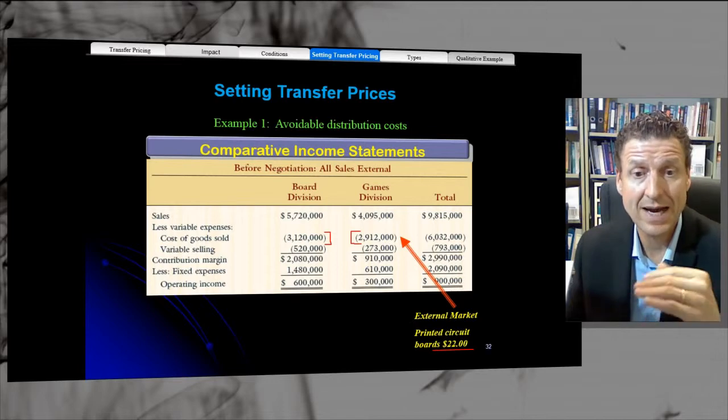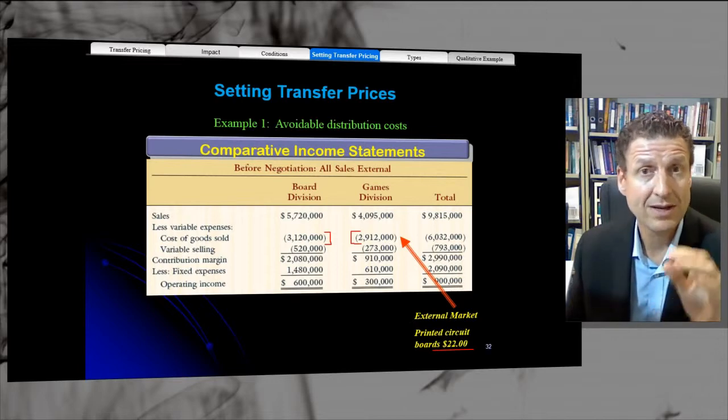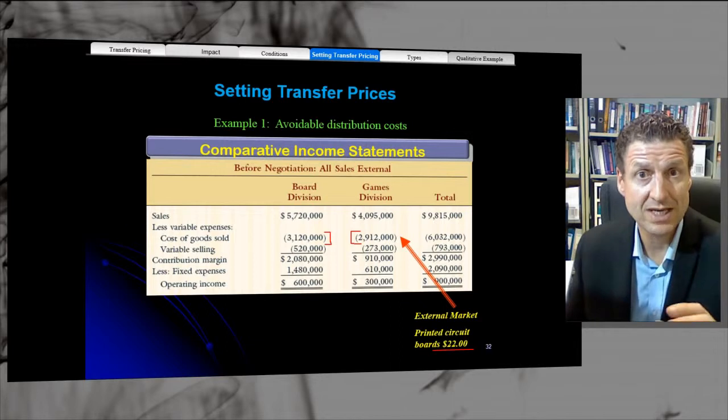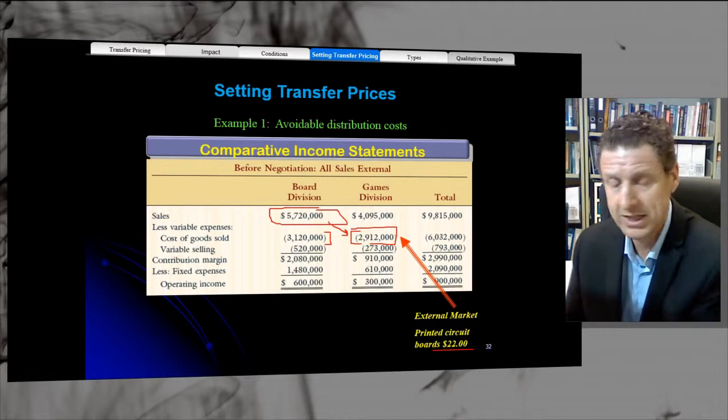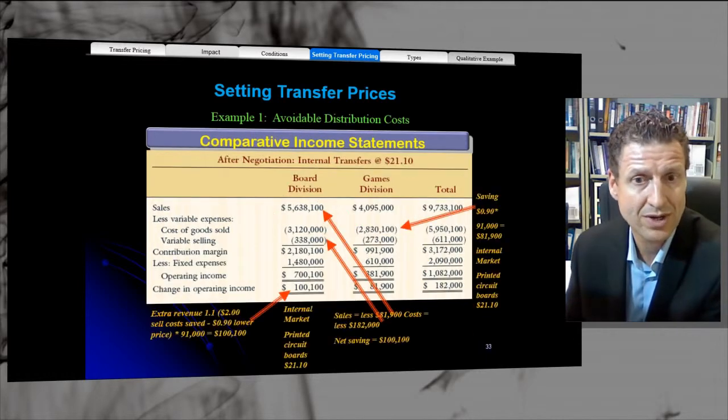Games division is actually buying the boards from board division, and that will be registered in here. The board division transferring to the games division will be registered here as a sale, and so that sale becomes a cost of goods to the games division. You can see that transfer going on, and that's at $22, and that's normal for the external market.